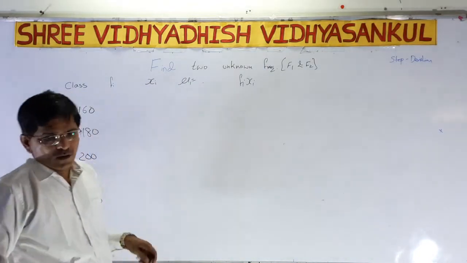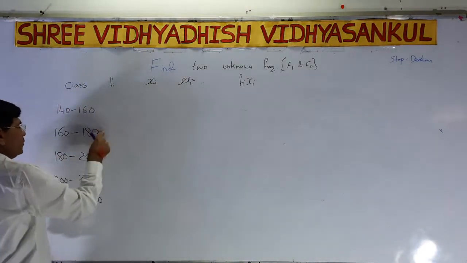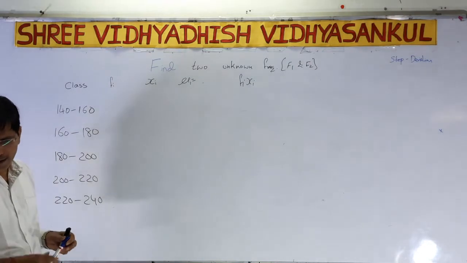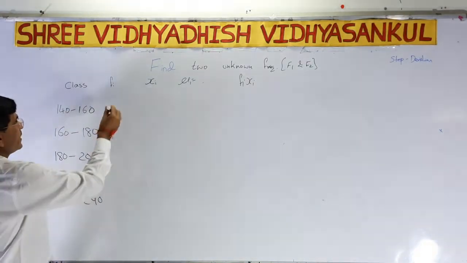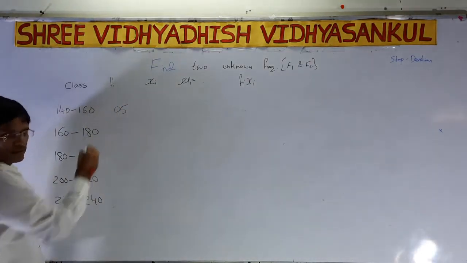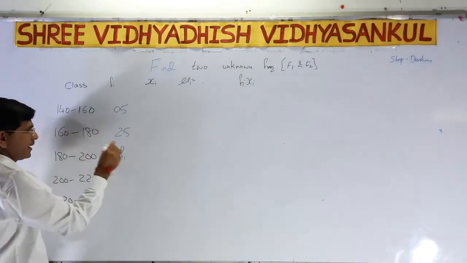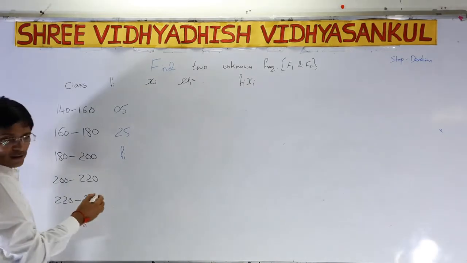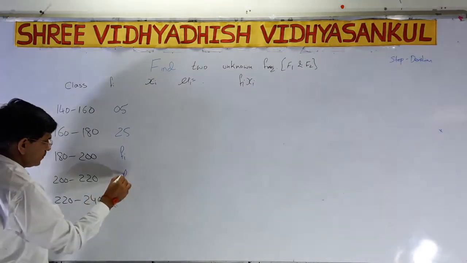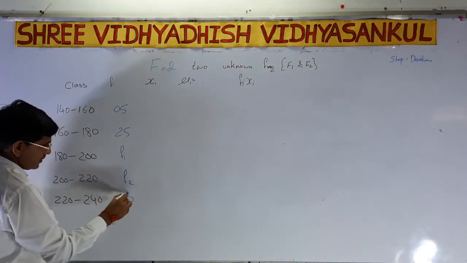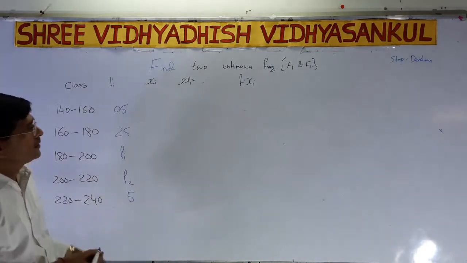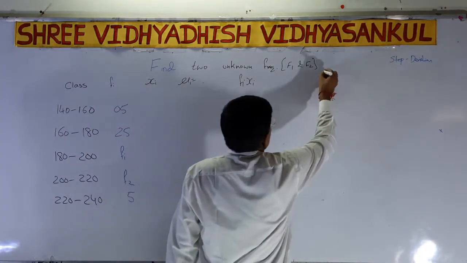So 1, 2, 3, 4 and 5 classes are given. Now the frequencies are 0, 5, 25, F1, F2 and 5.